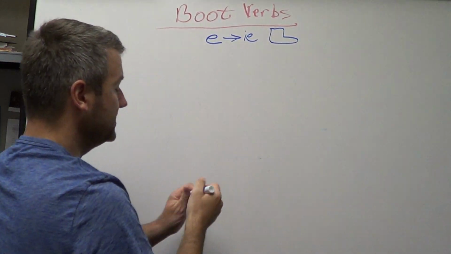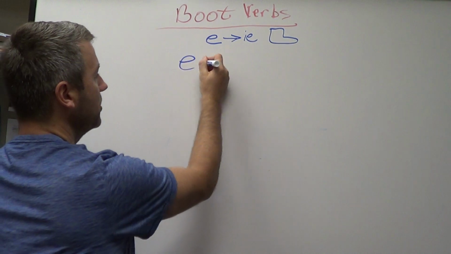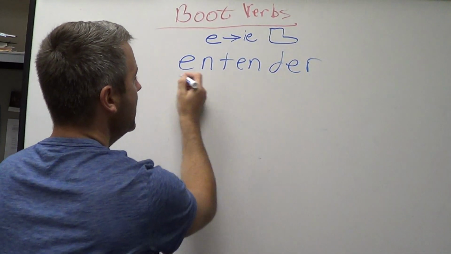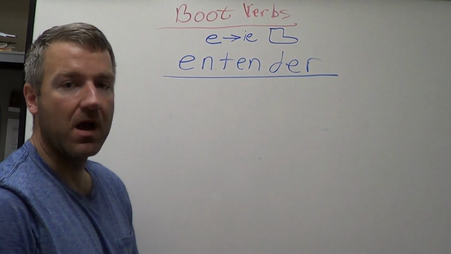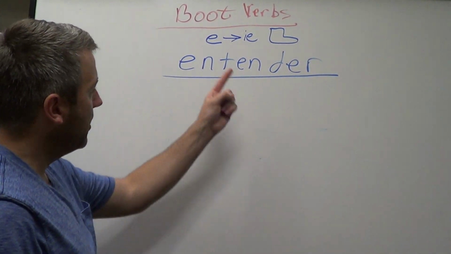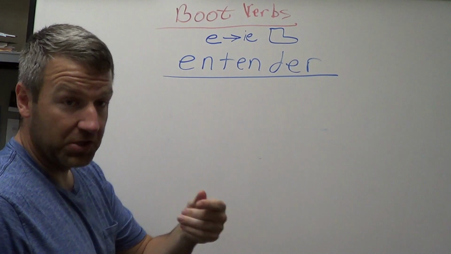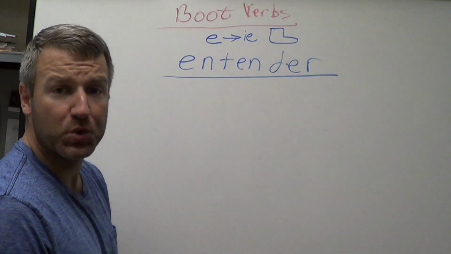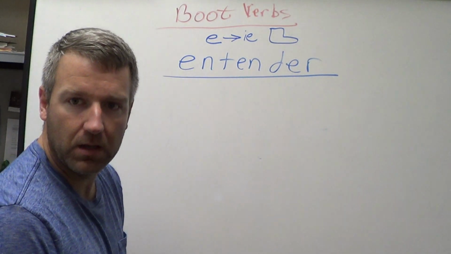All right? So now we're going to look at the verb entender. Okay? To understand. Now, you know that we're going to change, because I'm telling you, the E to an IE. But if you look up there, that verb has 3 E's, doesn't it? Uh-oh, what do we do?